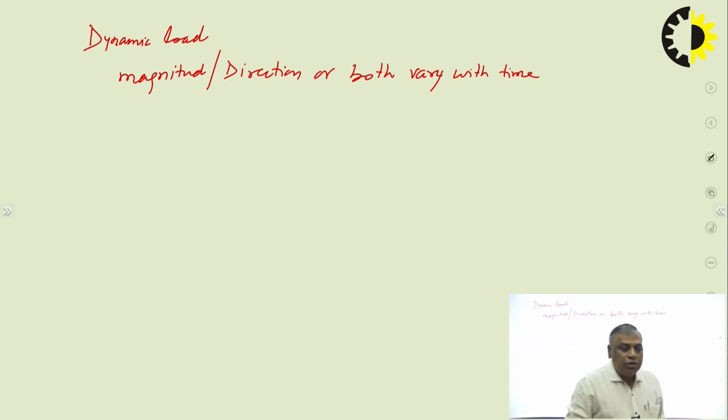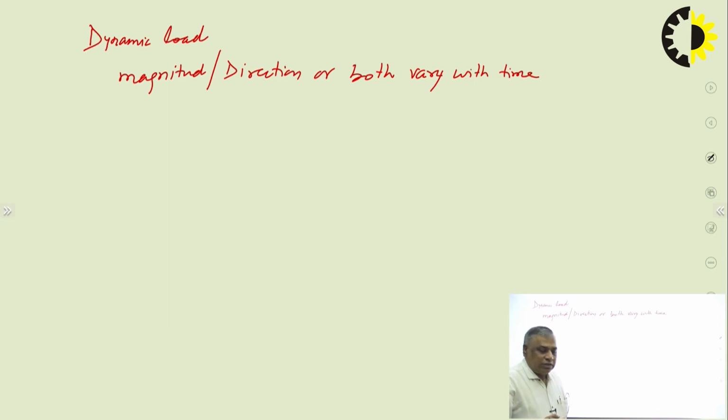And this dynamic load will induce some stresses in the element, and those stresses are known as fluctuating stresses. Because the stresses are caused by the dynamic or fluctuating load, those stresses are called fluctuating stresses.